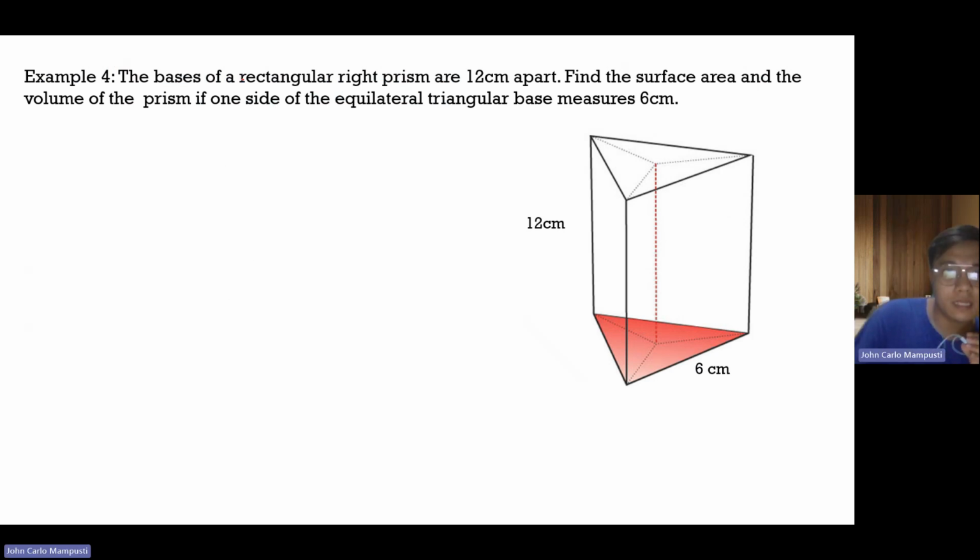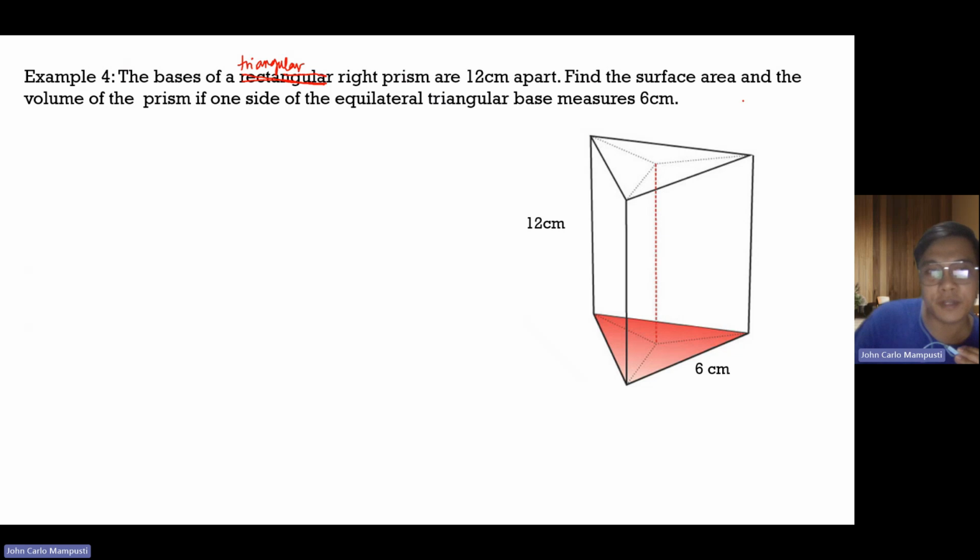Palitan to, this is not rectangular right prism. This is triangular right prism. Na-typo lang tayo dito, ano? So, the bases of the triangular right prism are 12 centimeters apart.